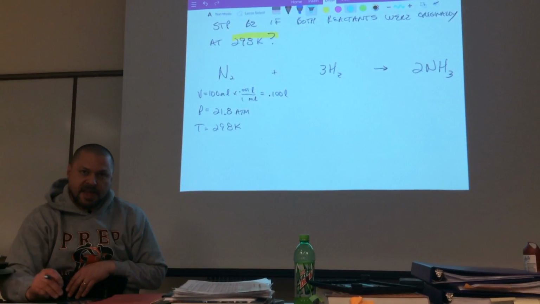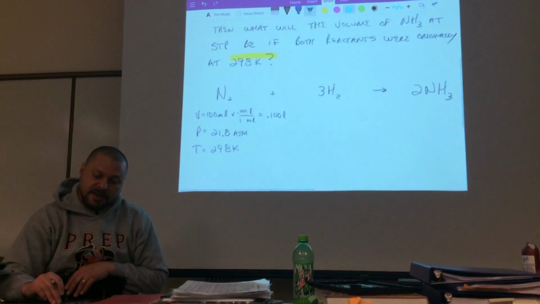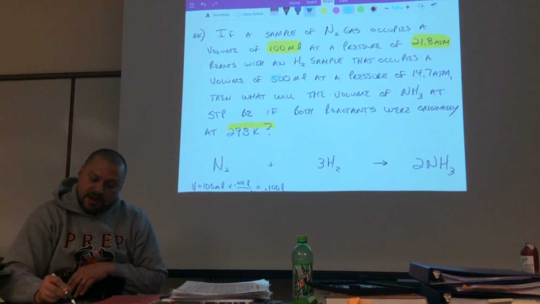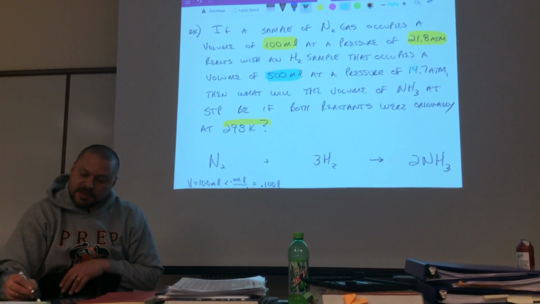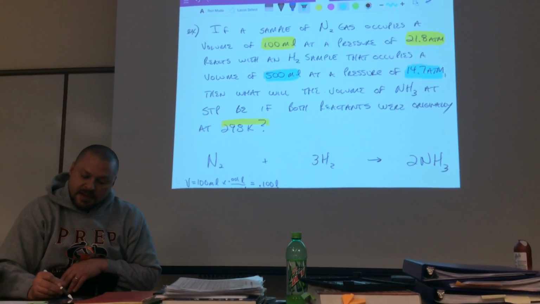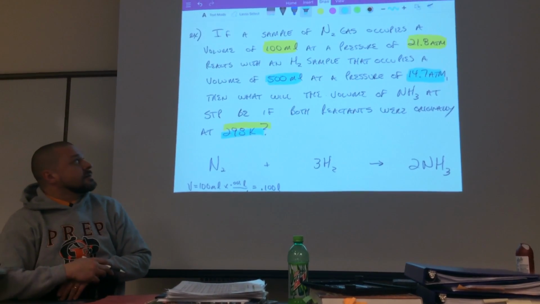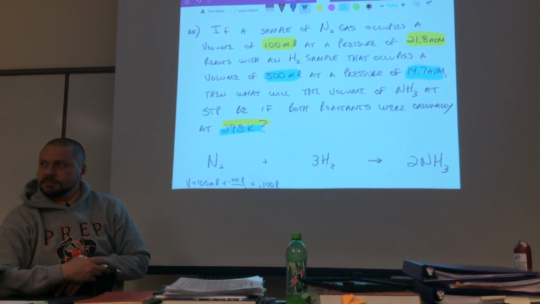Now my stuff about the H2. I'm going to come back up here. H2 sample occupies 500 milliliters. Pressure is 14.7 atm, and it's also at 298 K. Good.